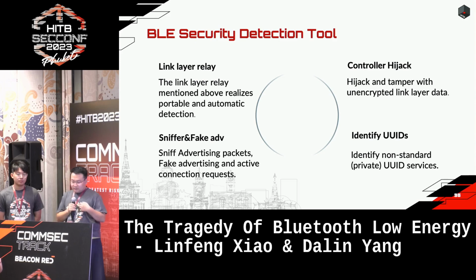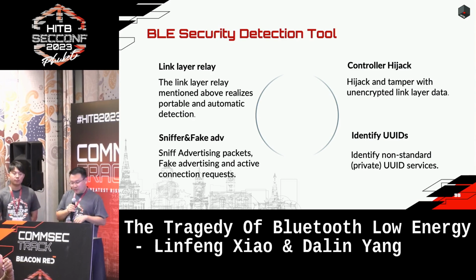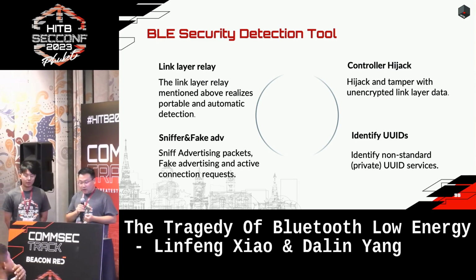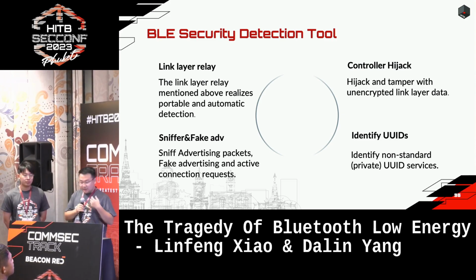Okay, let's start with our tools, which contain the following features. It contains link layer relay, controller hijack, sniffing and faking packets, and identifying the non-standard UUID service of GATT.